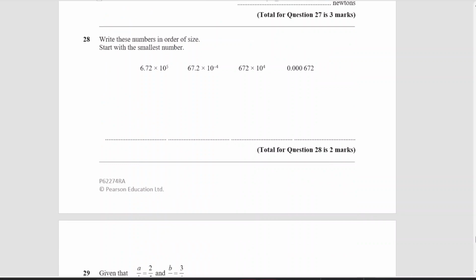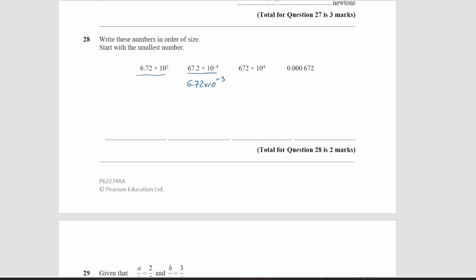And question 28. Write these numbers in order of size, starting with the smallest. So you could convert these all into normal numbers. I tended to convert them all into standard form because this one is fully in standard form. This one isn't. This one needs to be times by 10 to make it a number between 1 and 10. So we would say that that is 6.72 times 10 to the minus 3.